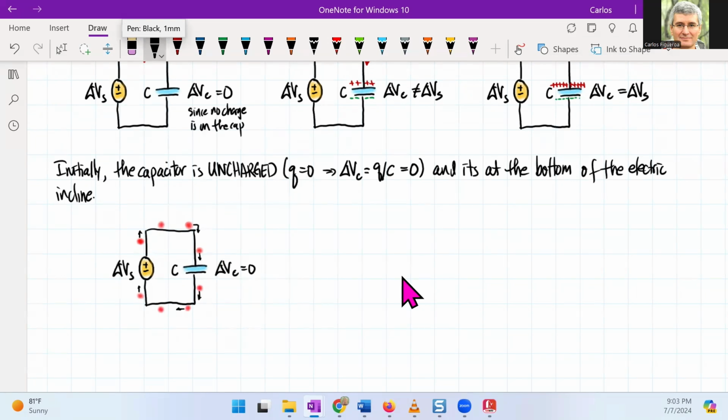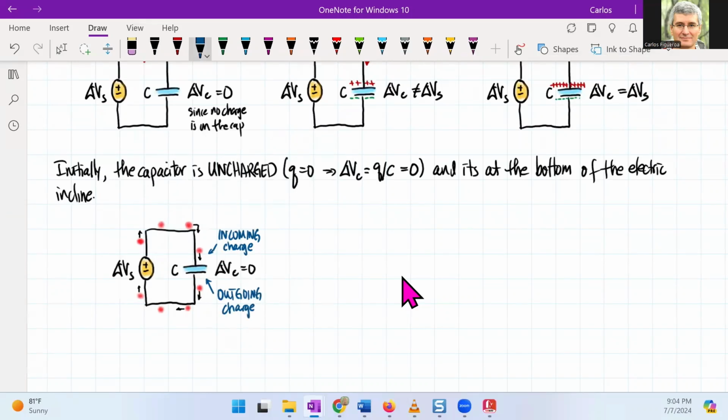As they move, what you're going to find is that we have incoming charge, just like we said before, and outgoing charge.